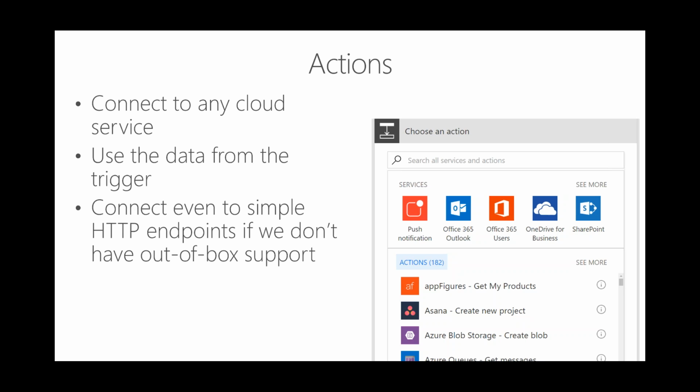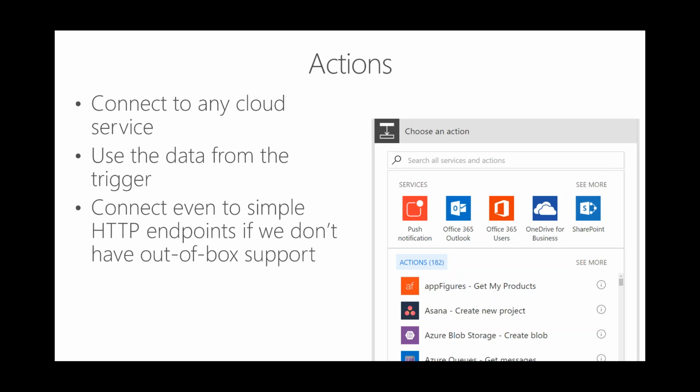So we could have it connect to a cloud service to, say, send an email through Office 365 Outlook, or add something to a SharePoint list. You could use data from my action to trigger another event. I could connect to something that's not one of these services with an HTTP endpoint.